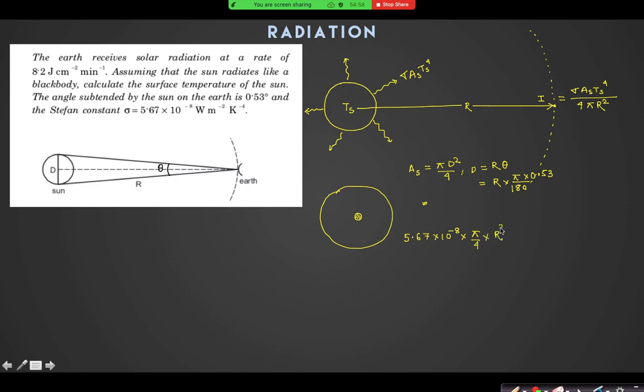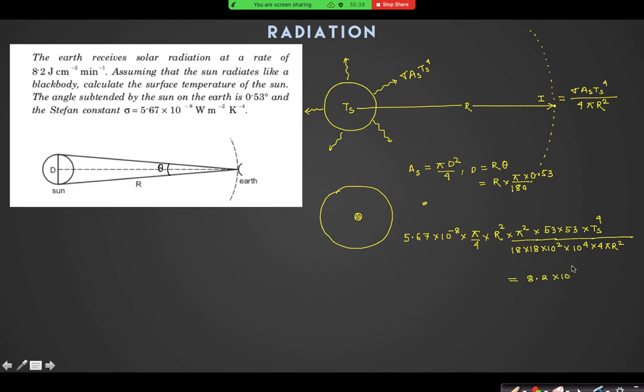D square is R square theta square, that is pi square divided by 180 square into 53 square divided by 10 power 4, right, into Ts to the power 4 divided by 4 pi R square, right, and that should be equal to 8.2 joule per centimeter square per minute.